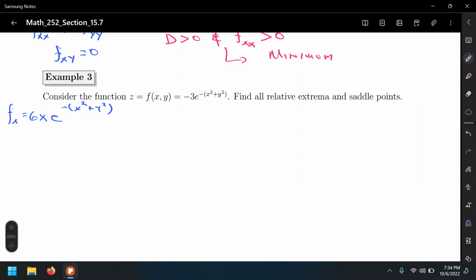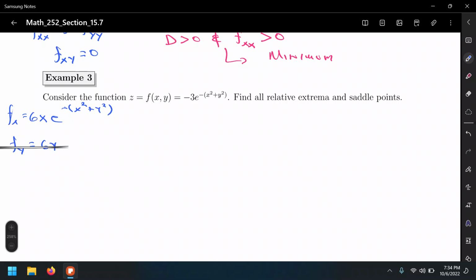And same for the partial derivative with respect to y. So we're going to multiply by the derivative of negative y squared, which is negative 2y, times the negative 3 here. It's going to give us a 6y e to the negative (x squared plus y squared).